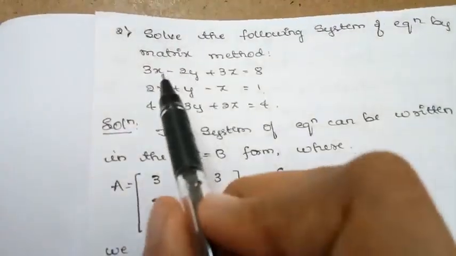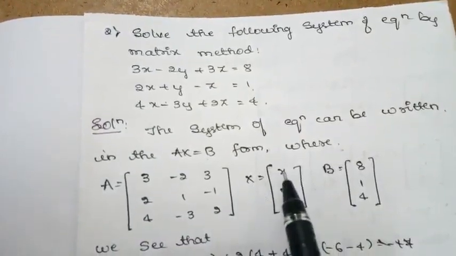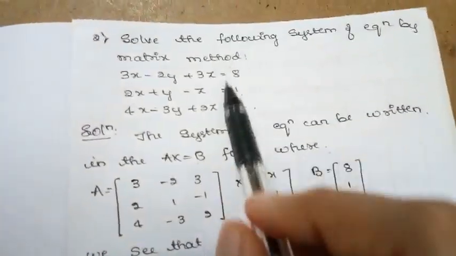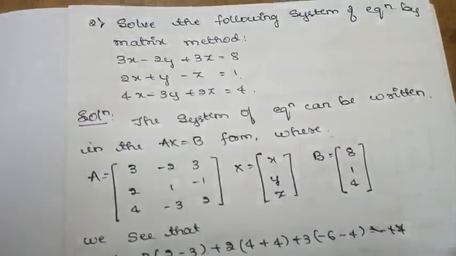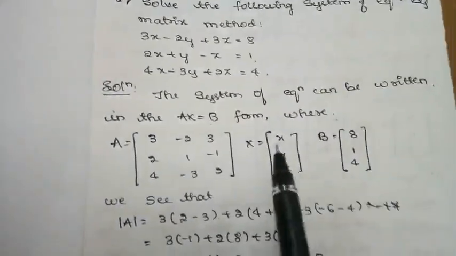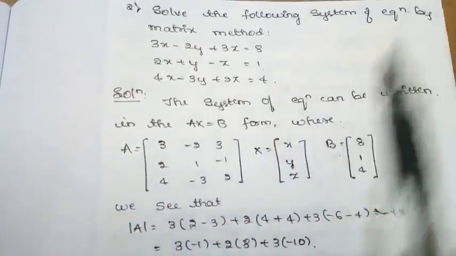X is nothing but the variables x, y, z, that is, matrix X is equal to x, y, z, and matrix B is nothing but the elements which are on the RHS, that is 8, 1 and 4. So now you have A, X and B. Now we need to proceed and find the solution here.